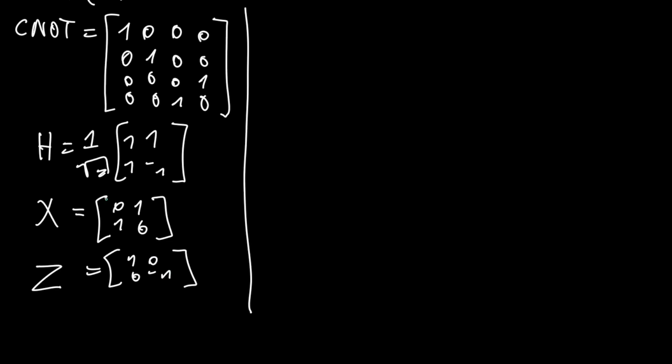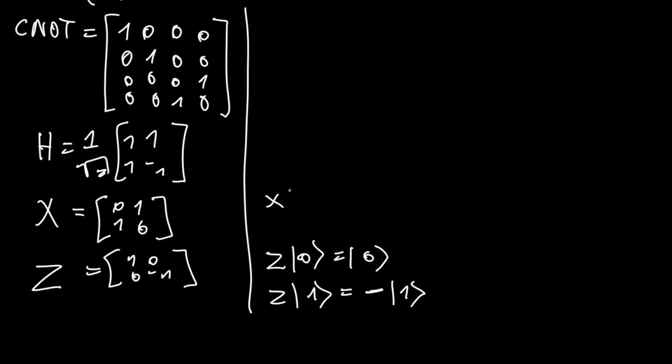and what it does, so Z-gate, as I told you, for 0 it doesn't do anything. For 1 it becomes the phase 1. X is just the NOT gate, so 0 becomes 1, 1 becomes 0.